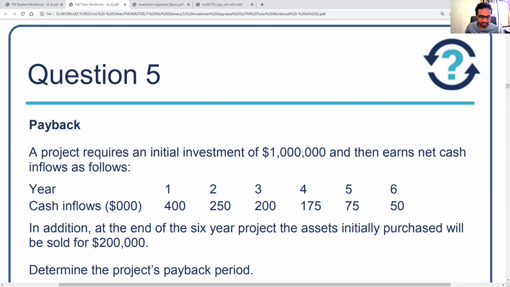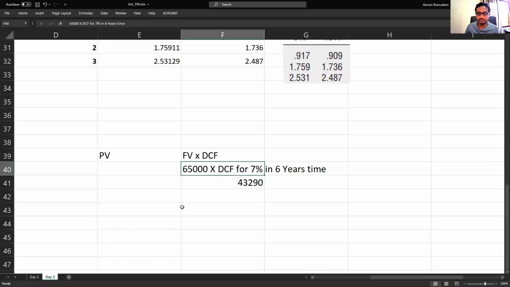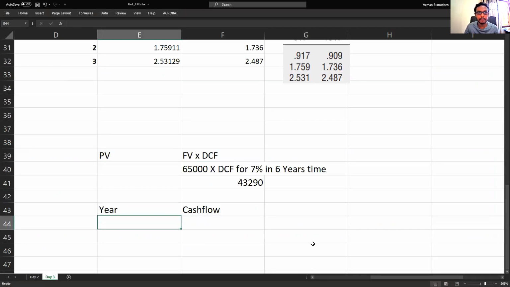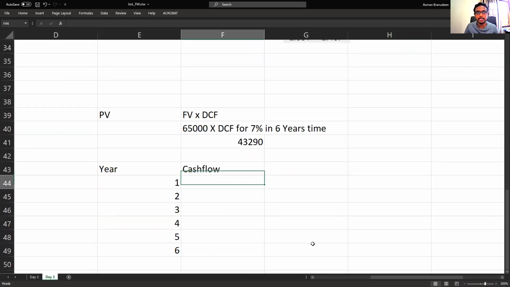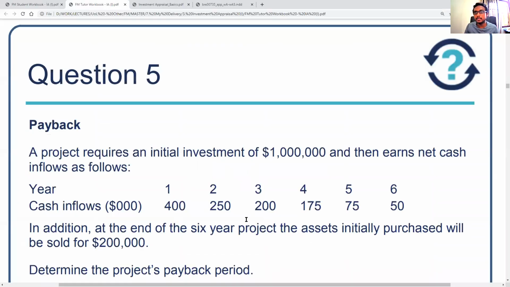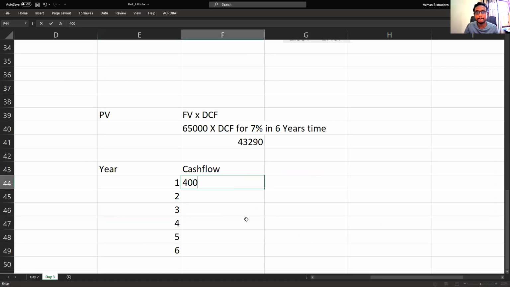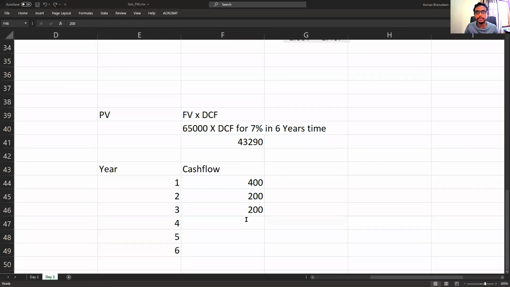Okay, so let me also try this. So cash flow, year 1, 2, 3, 4, 5, 6. Cash flow is 400, 250, 200, 175, 75, 170.